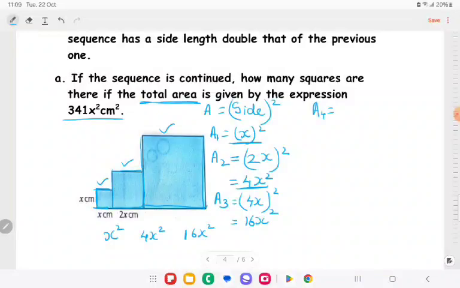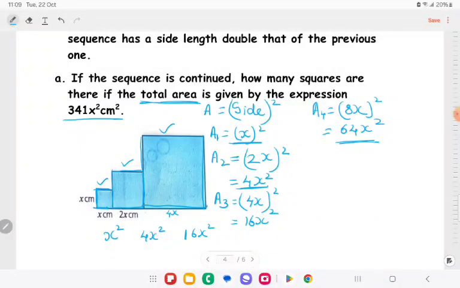Double of the previous one. If the side length is 4x, the next one will be how much? Double of 4 is 8. So it's going to be 8x the whole square, which is 64x square. I'm going to write it here.